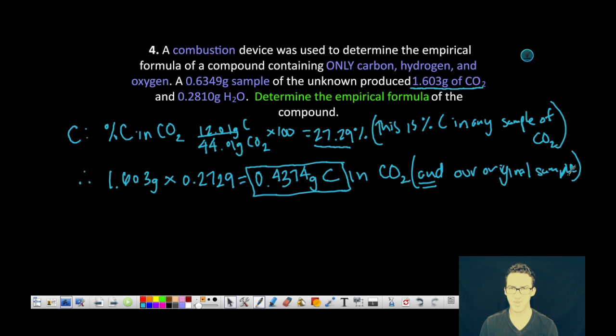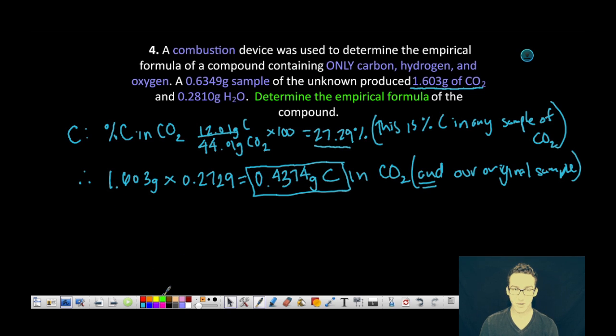And as you think about how, in combustion, carbon dioxide and water are the only 2 products, that carbon must have come from the carbon in our original sample. Again, the law of conservation of mass. We can't just create carbon out of nothing, so it must have come from the original sample.